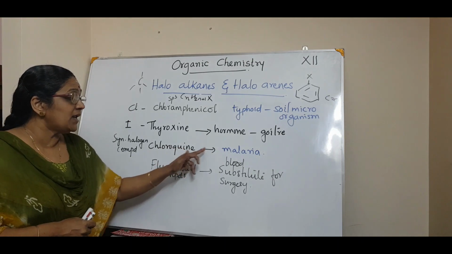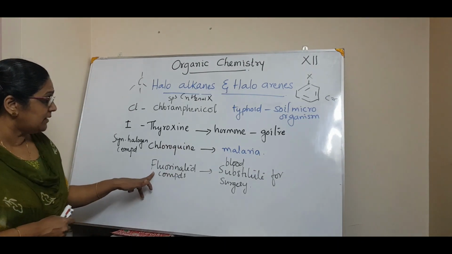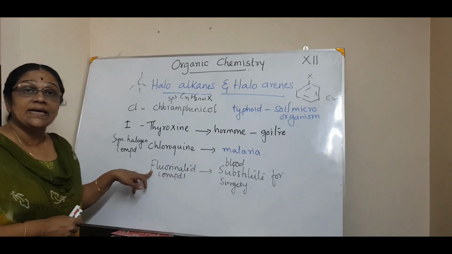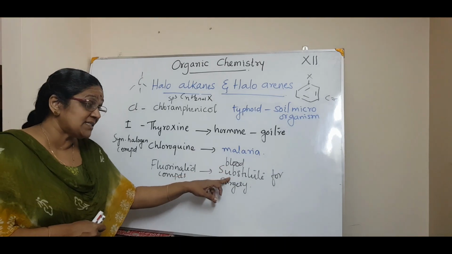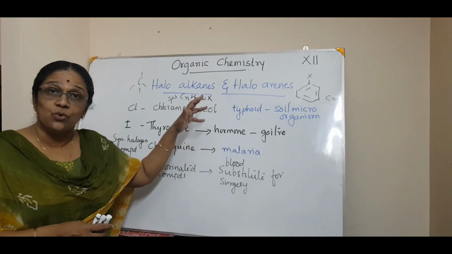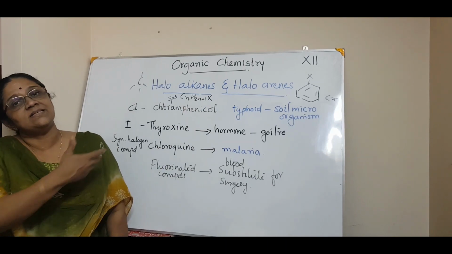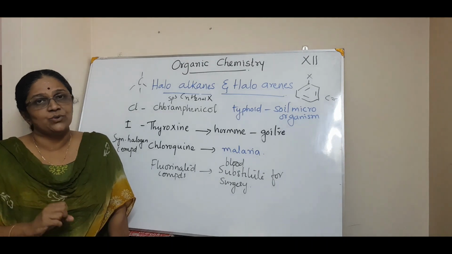Chloroquine is used for the treatment of malaria. And one more thing, some fluorinated compounds are used as a potential blood substitute in the case of surgeries. So this is just an introduction, just to know how much importance these compounds carry. Just keep in mind one or two.